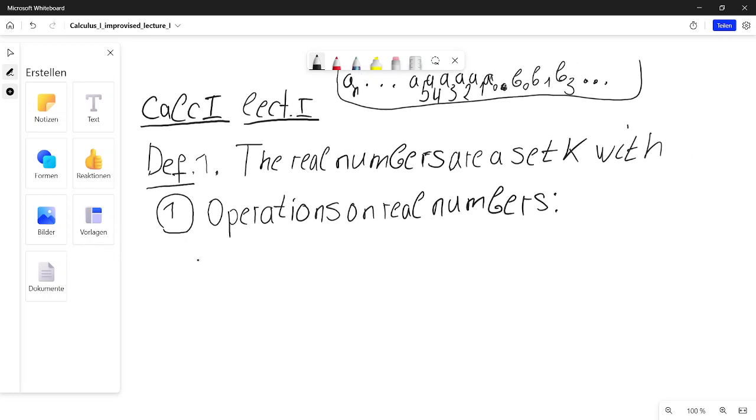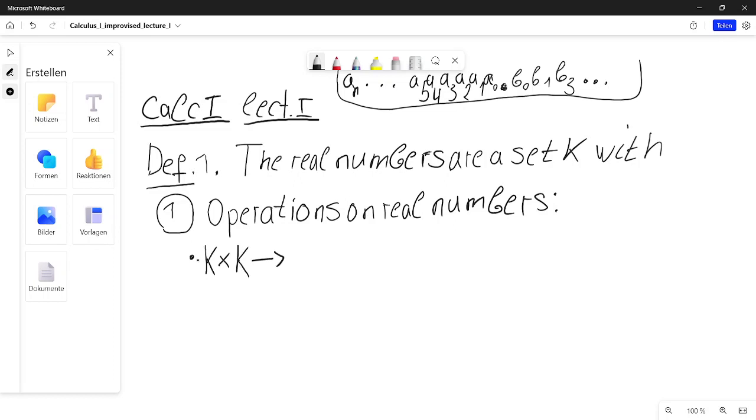Let's jump into the abstract definition. So we have the set K with the first property of the set. There are two operations, and those are just some maps. Operations are nothing else but maps.